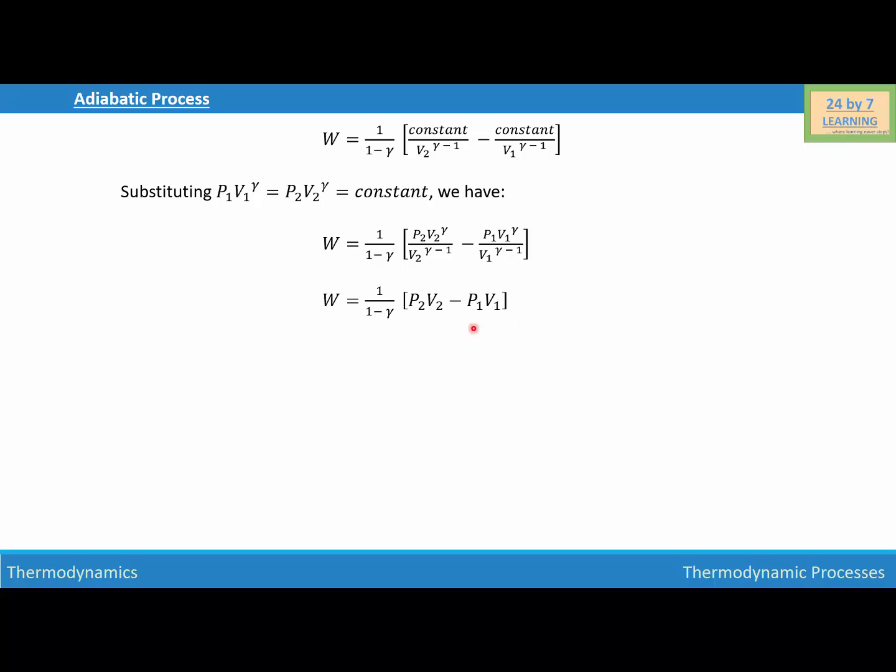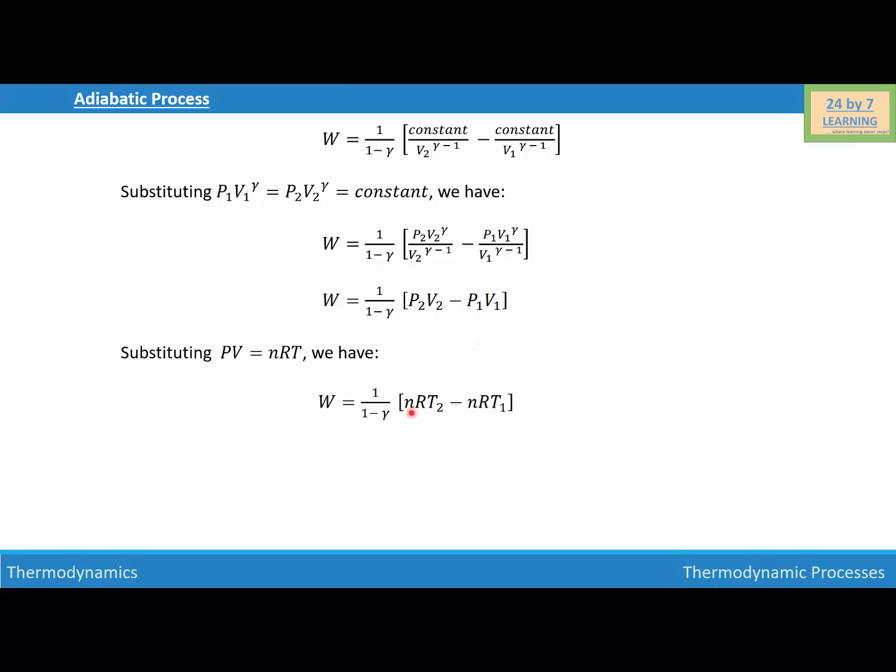Now if we simplify further, we will write W is equal to 1 over 1 minus gamma times P2V2 minus P1V1, because we will cancel terms out here and here, and the only terms left will be P2V2 minus P1V1. Since we know that PV is equal to nRT, we can write W is equal to 1 over 1 minus gamma, and for P2V2 we can write nRT2 minus, for P1V1 I can write nRT1.